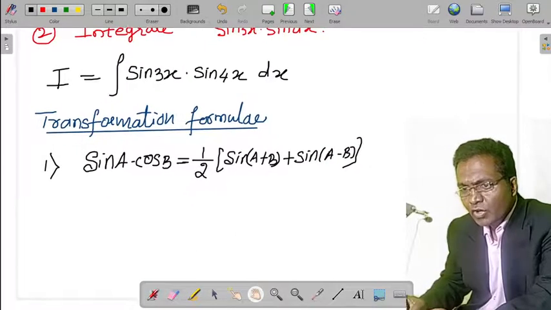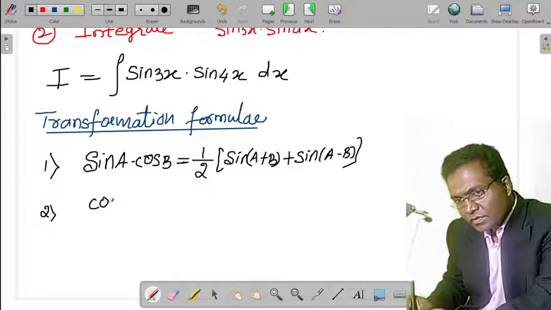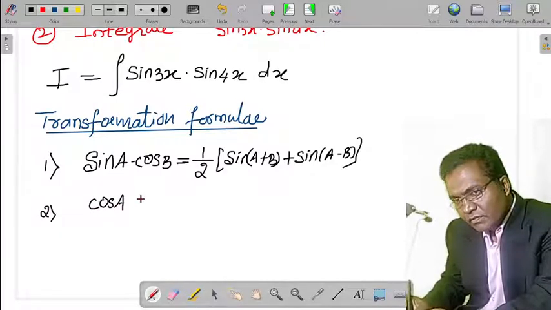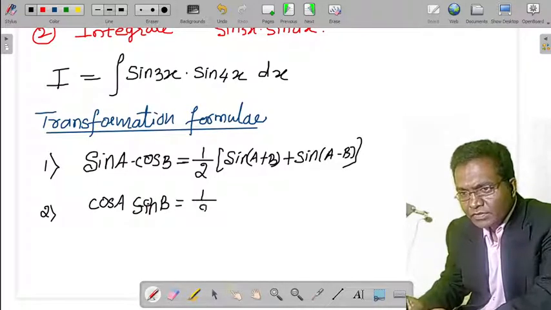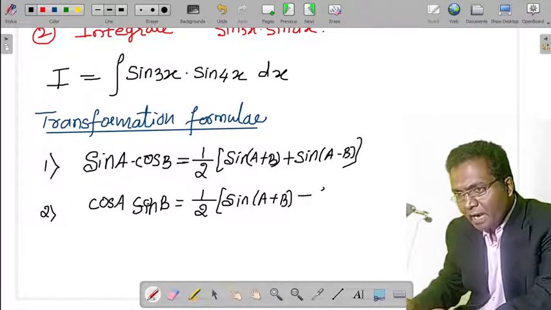Sine into cos. Suppose you have cos a into sine b. You have to write it as 1 by 2 of sine a plus b minus sine a minus b.